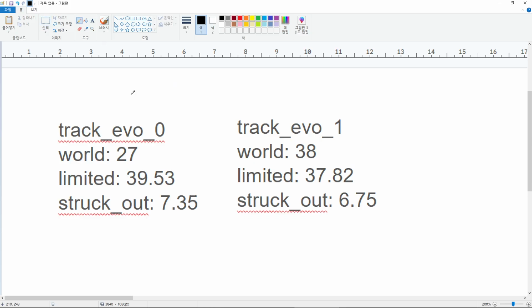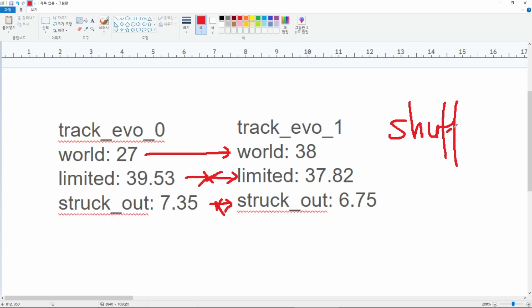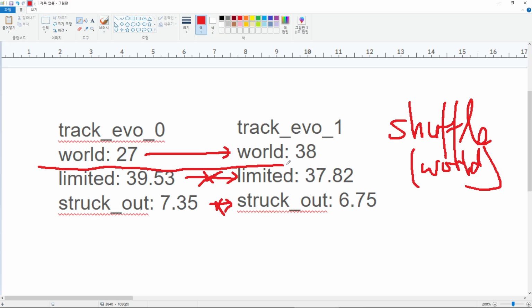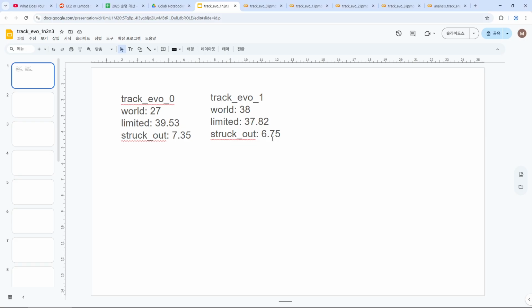So you can see that this did not increase the average lifespan, and this didn't increase. So shuffling the world will increase the lifespan of entities that remain until the very end, at least that's what happens for now.